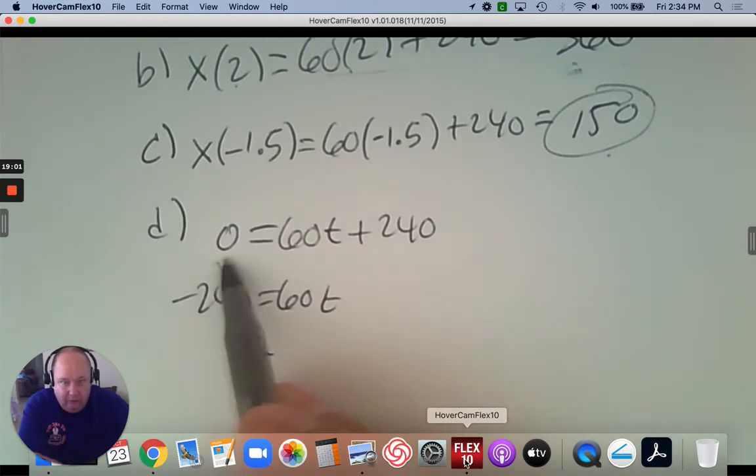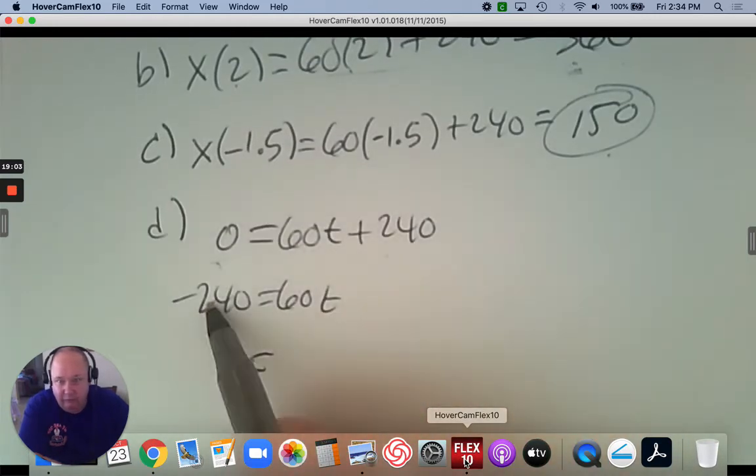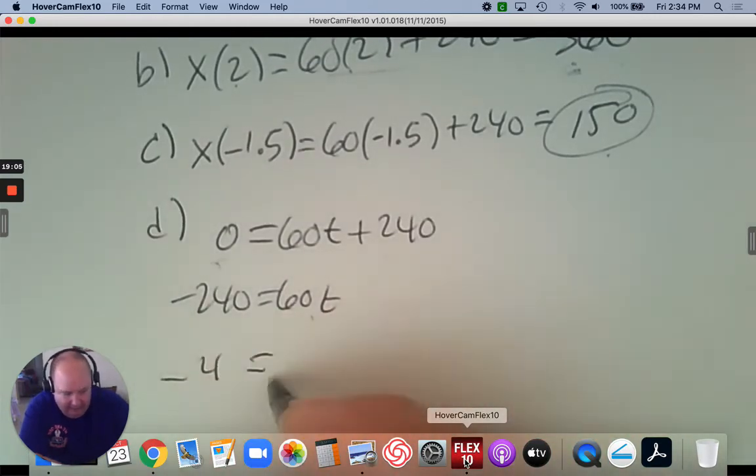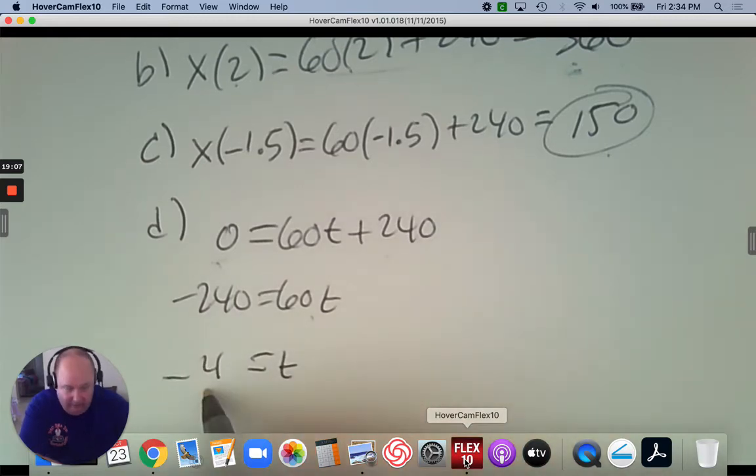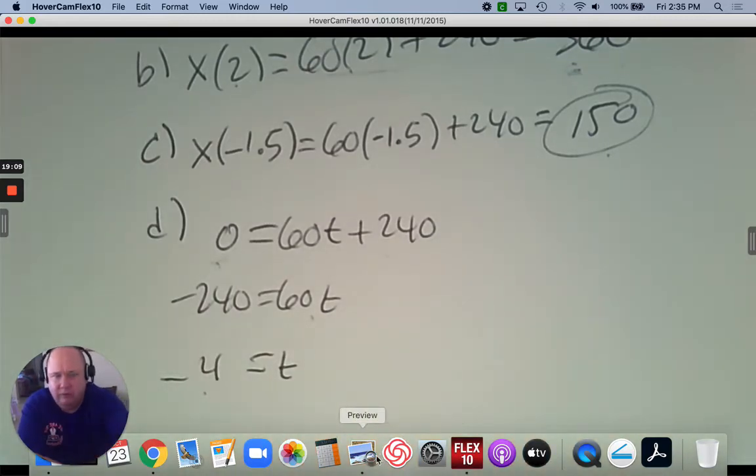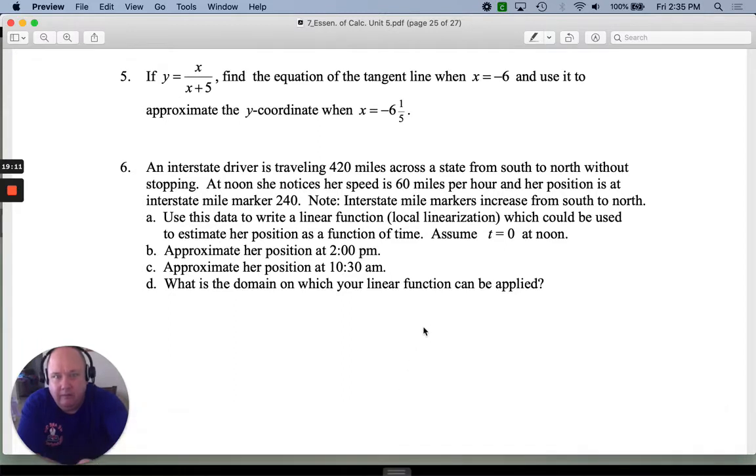Mile marker 0, what time is it? So subtract 240, divide, I get negative 4. That's the low end. And then what's the upper end?